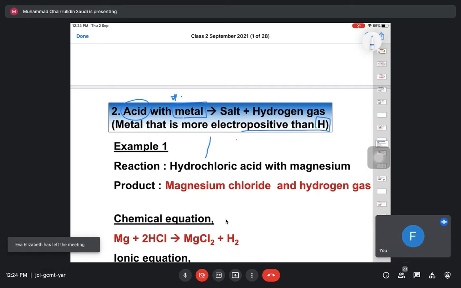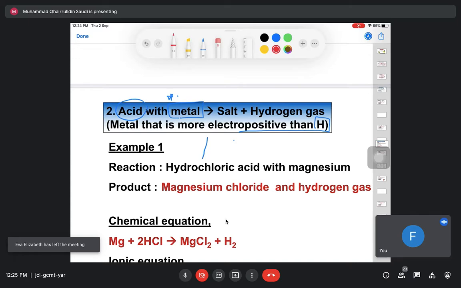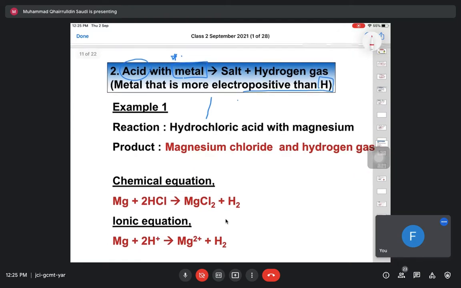Okay, let us recap. What is the electropositive? Can you name, can you read the name of the electropositivity series? Potassium, right?